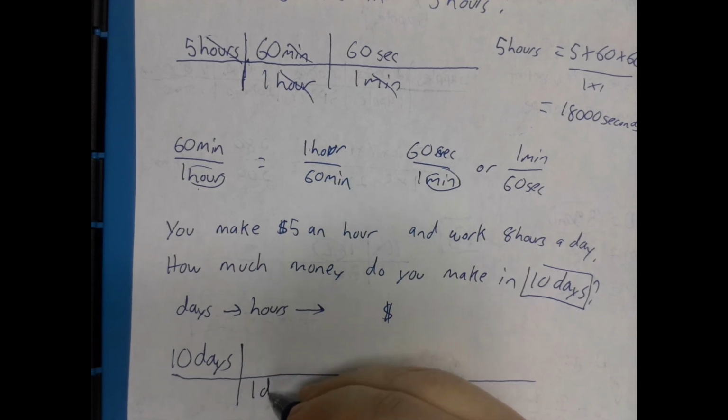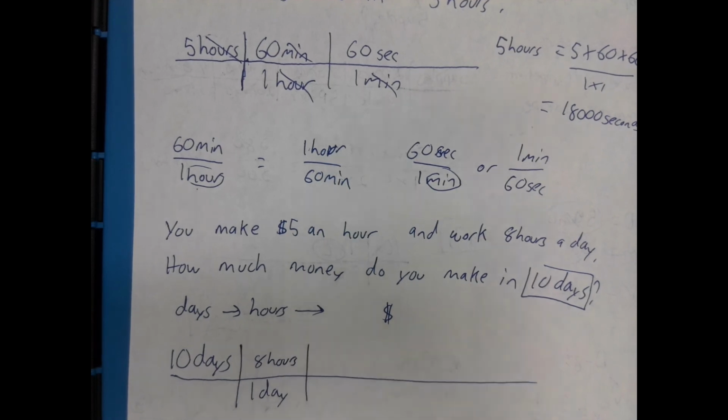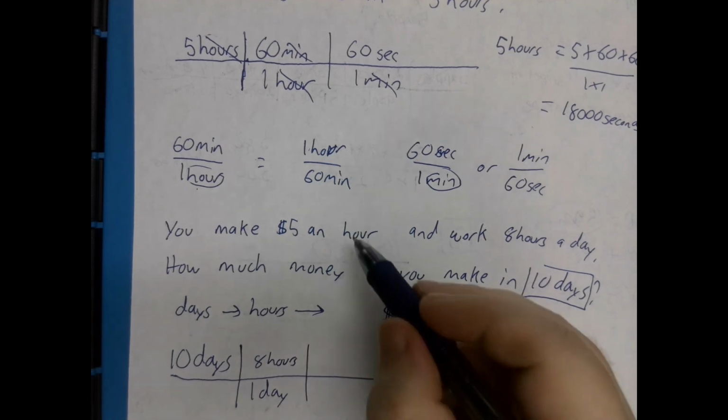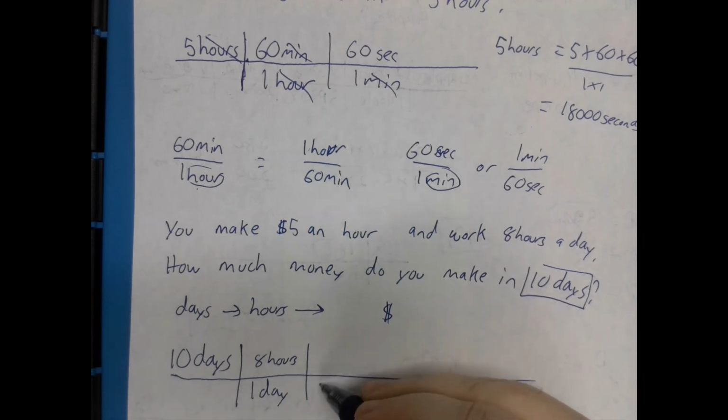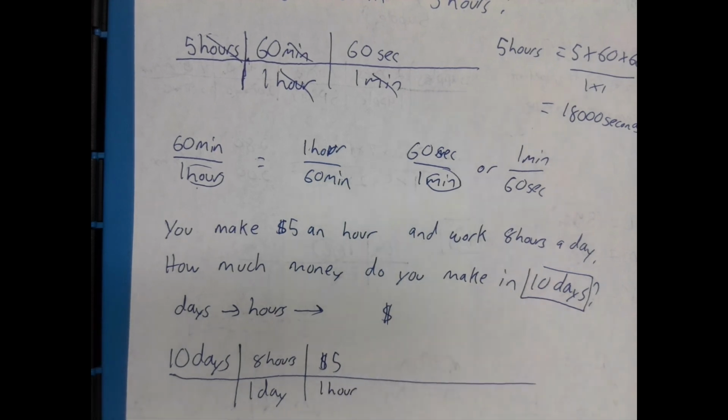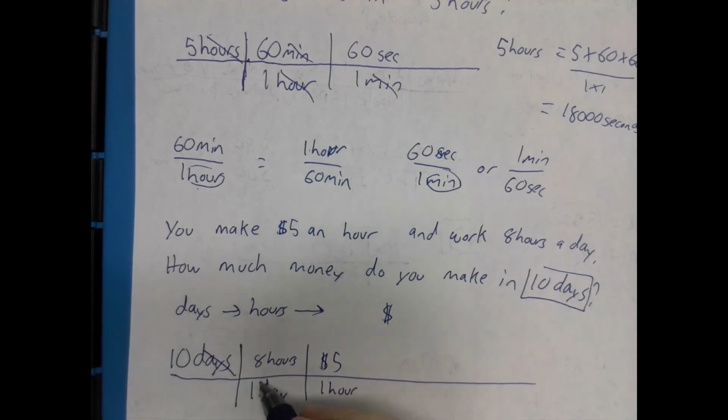So it's 1 day, you get 8 hours of work. We know that it is $5 per hour, so we want to cancel out hours. So it's $5 for 1 hour. So now days cancel out, hours cancel out, and all you're left with is money.